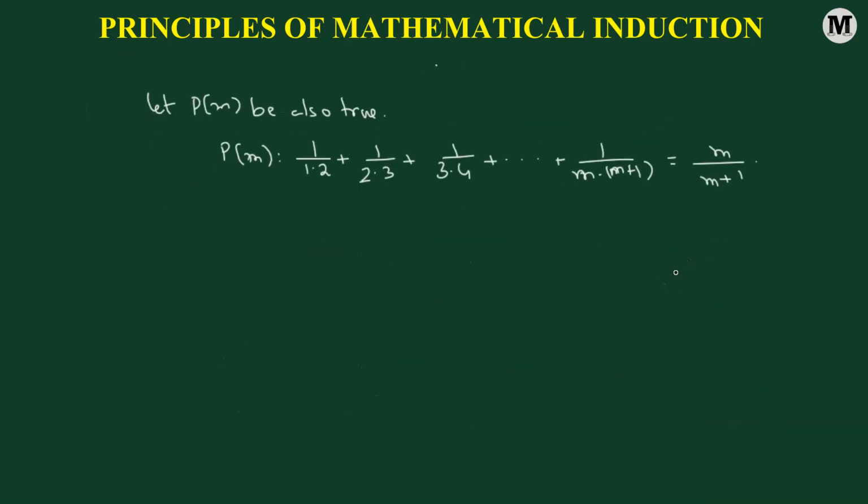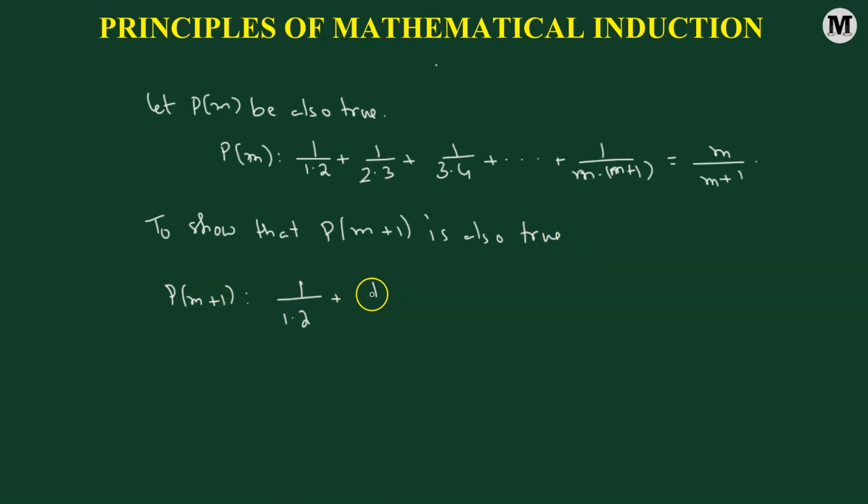If this is true, using this we need to show that P(m plus 1), which is the term next to that of m, is also true. In other words, we need to show that we have the first term 1 over 1 times 2, added to the second term 1 over 2 times 3, added to the third term 1 over 3 times 4.